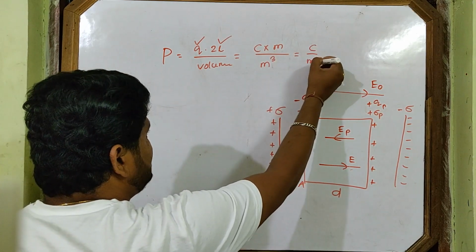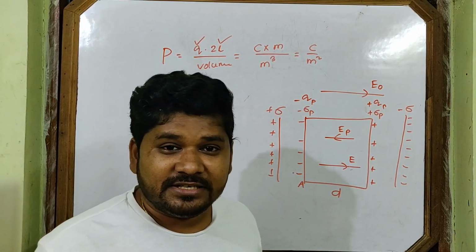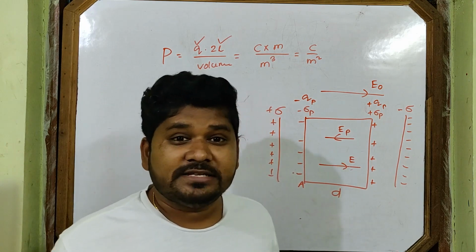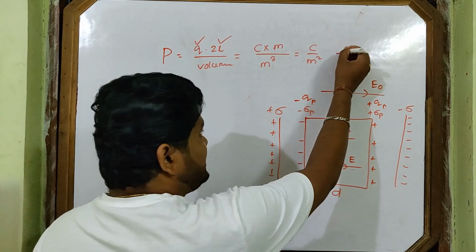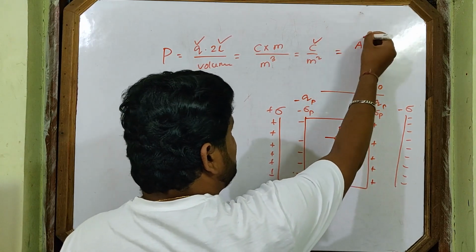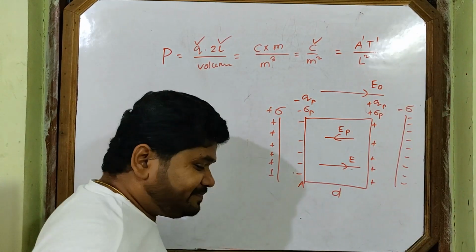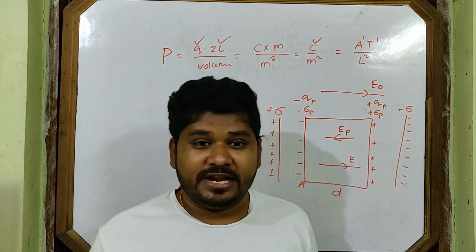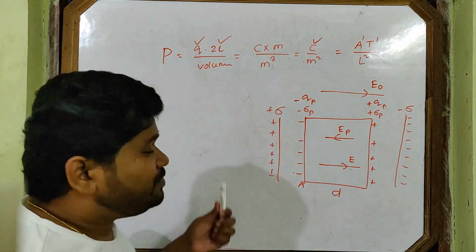So coulomb per meter square, just the same as the unit of surface charge density. What is the unit of polarization? What is the dimensional formula of polarization? You can find the dimensions: coulomb is A1 T1, and this is L square. Then you do it. This dimensional formula and unit always come in the exam. Okay, so this is about polarization.